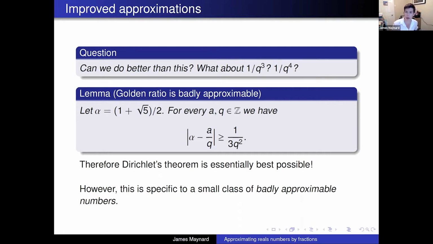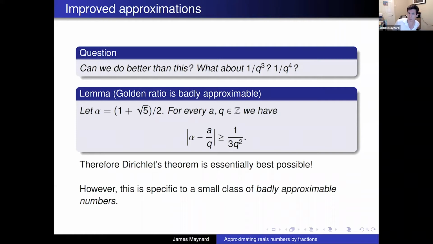So in fact, you can improve Dirichlet's theorem a tiny bit. You can improve 1 over q squared to a constant which is slightly smaller than 1 divided by q squared. But you can't improve it beyond that, because the golden ratio would not satisfy it. This means that Dirichlet's theorem is essentially best possible if you're considering every possible real number alpha.